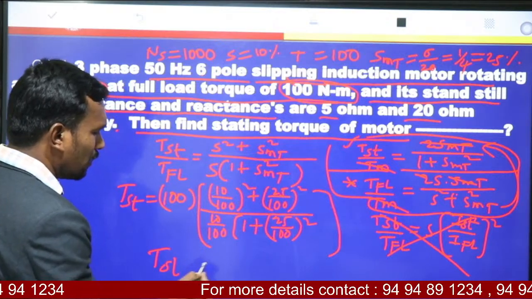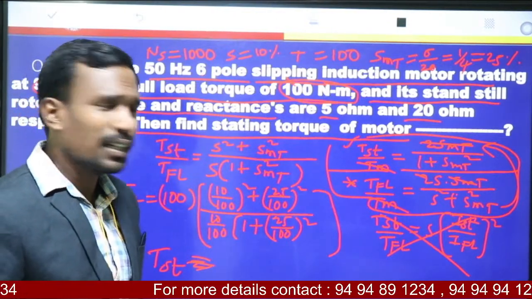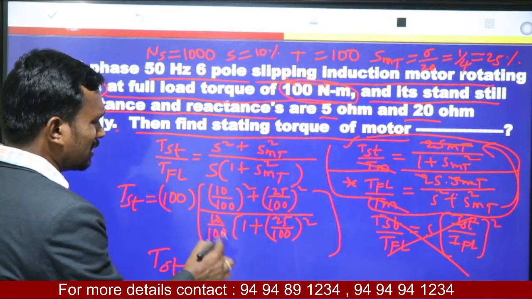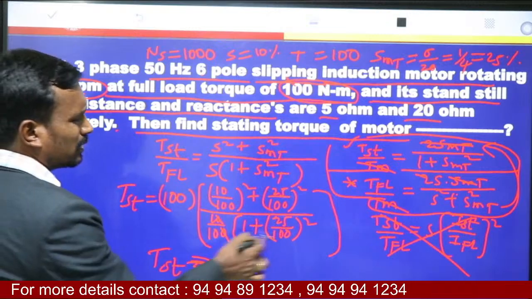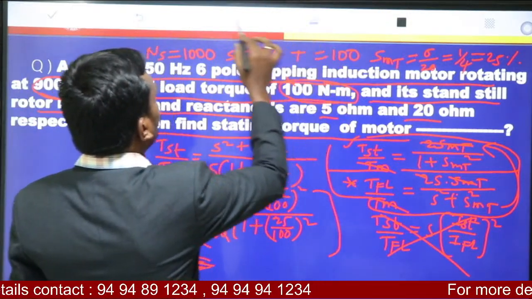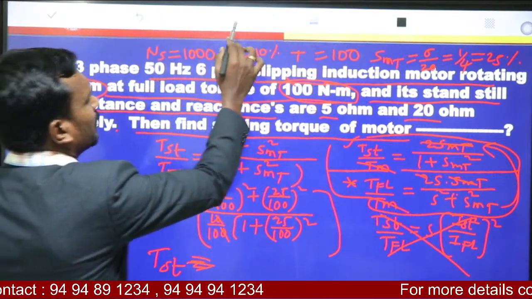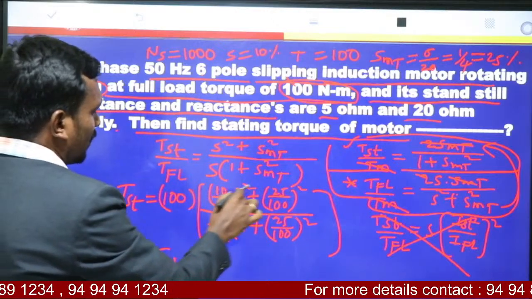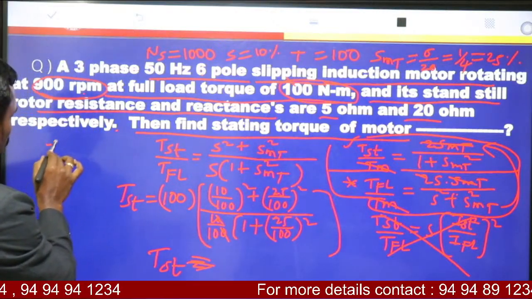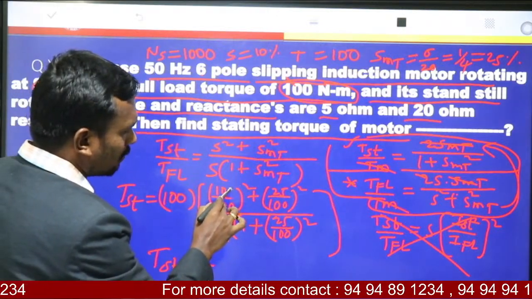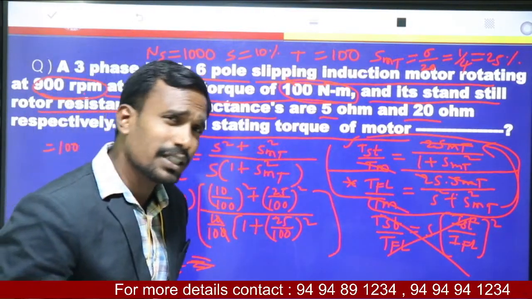Like that, we have to do here. So simply, of course, you can calculate this. Let's calculate here. What is that? 10 square by 100 square. T is equal to 100 into 10 square, nothing but 100, plus 25 square, nothing but 625.